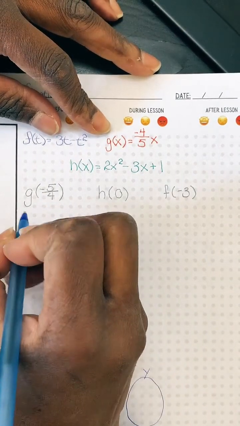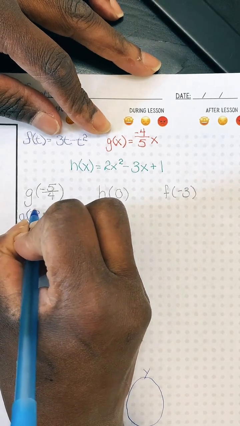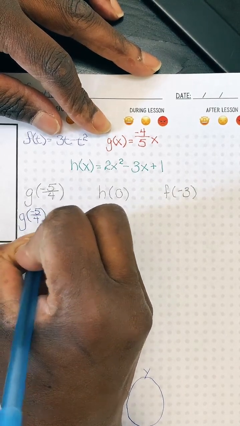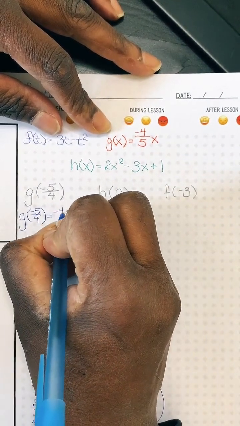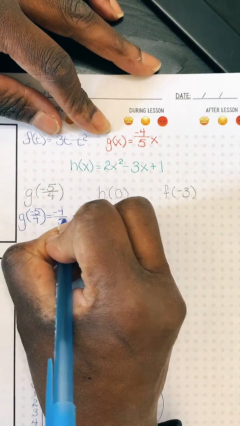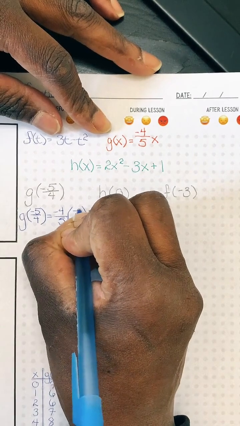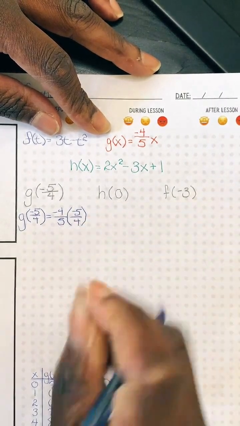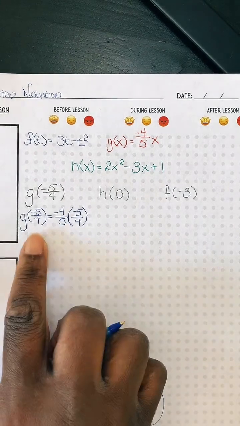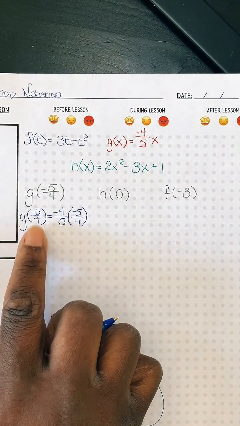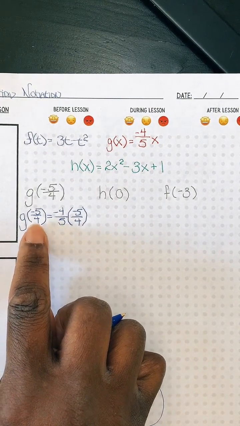So when I come here, I'm going to just have my G of -5/4, and I'm going to rewrite my G function, which was -4/5, and I'm replacing my X with the -5/4. Now, as we recall from last time, what's over here with the G of -5/4 is just to remind you what you substituted for the X.